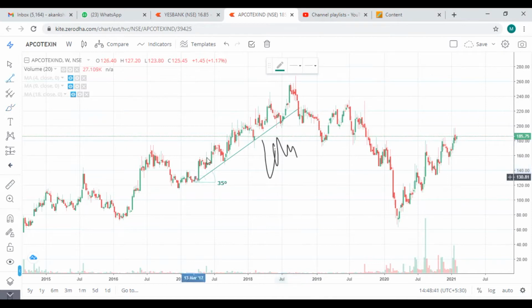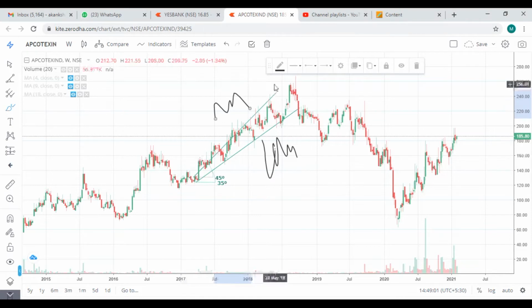slow. Let's suppose we have one more trend line. This is not the actual trend line. I'm just helping you understand what this angle means. So this is a 45 degree trend line. Above this 45 degree trend line, if your trend line is above this area, that means your trend line is moving too quickly.